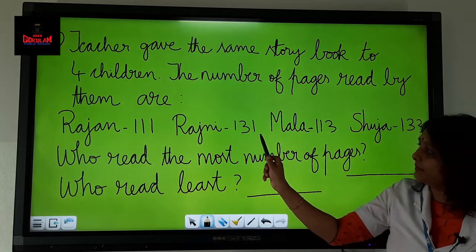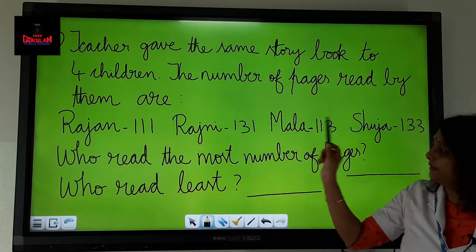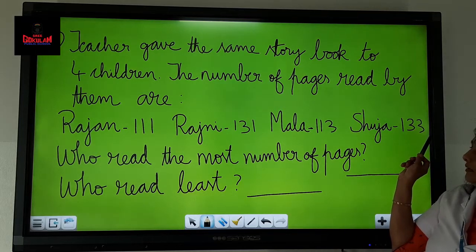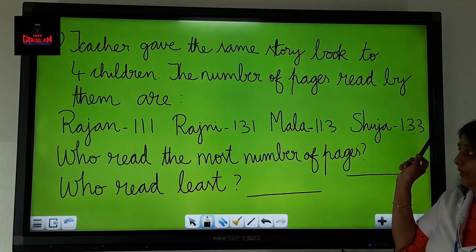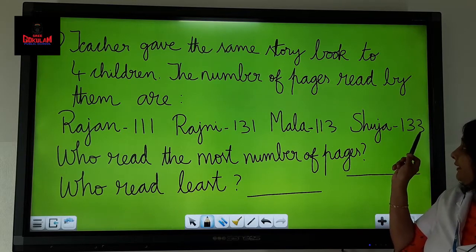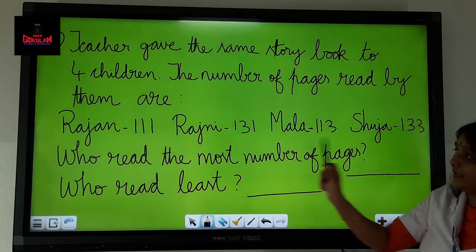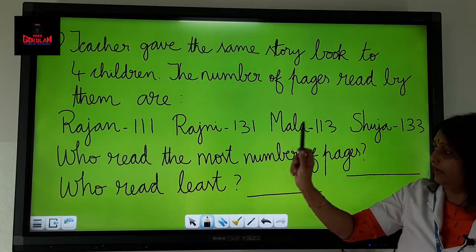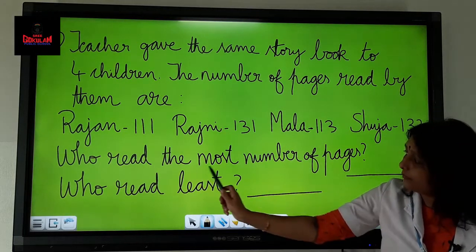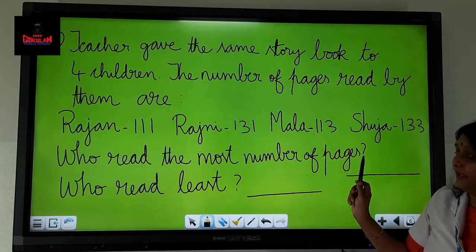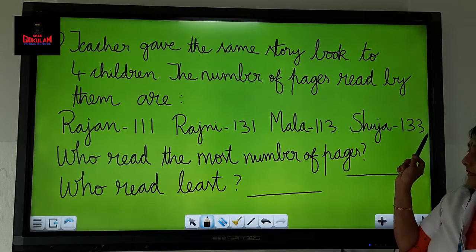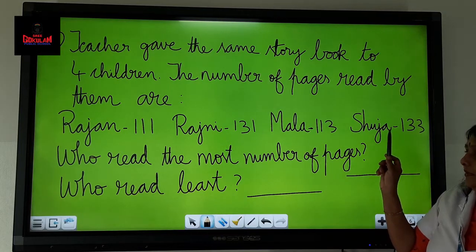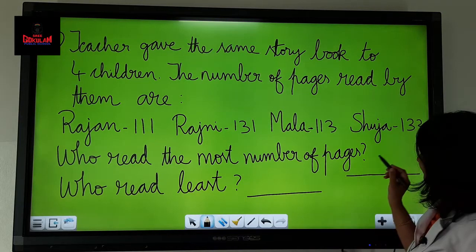Look at the ones place number. Here it is 1, here it is 3. So, which is greater? 1 or 3? 3. So, 133 is greater than 131. Who read the most number of pages? Which number is the greatest among these 4 numbers? 133. Who read 133 pages? Shuja. So, the answer is Shuja.